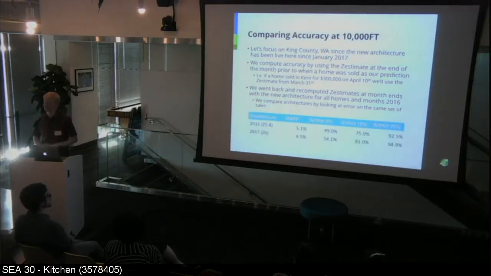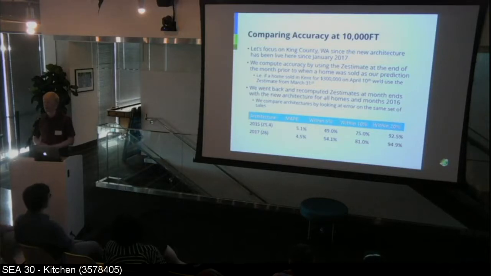And the good news is we've been able to leverage the architecture to reduce error substantially when we look across the set of the sales that are measured, same sales, but measured with estimates that are coming out of both systems. So not only did we improve our measure of central tendency, so MAPE has dropped, but we also brought the tail of the error distribution in, and less crazy estimates.